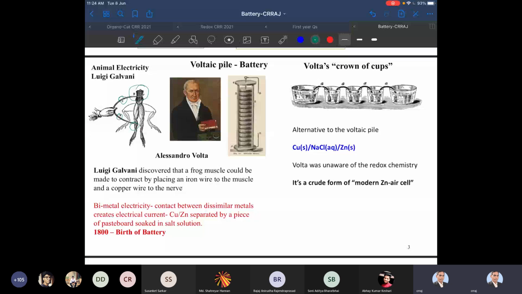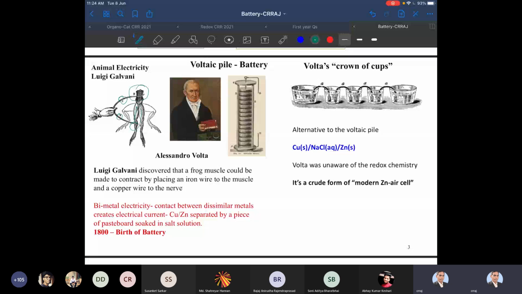Usually I show that, I think last class I did. This time there are network issues. So what happens? The frog legs are here. When it is not connected, nothing. When you connect it, immediately what happened? A twitching. So what they called this is bimetal electricity, in other words, bioelectricity, right? Bioelectricity, that's what they mentioned.